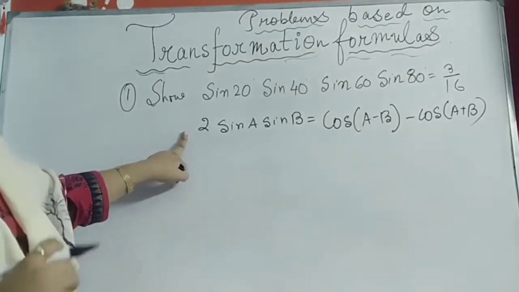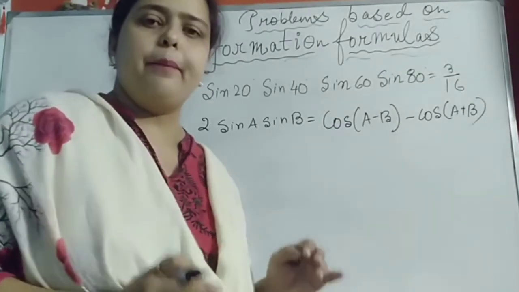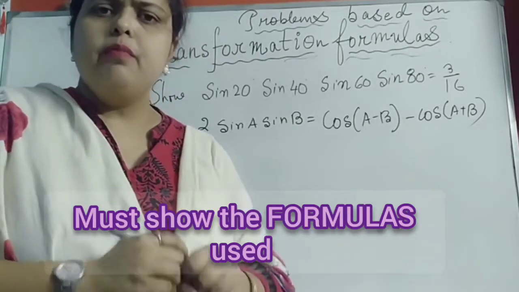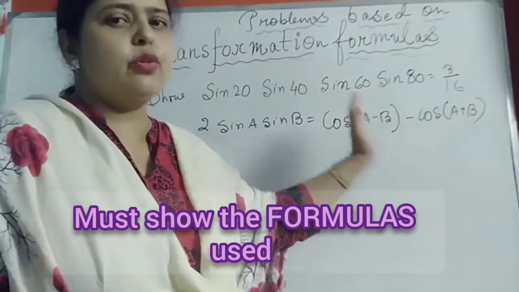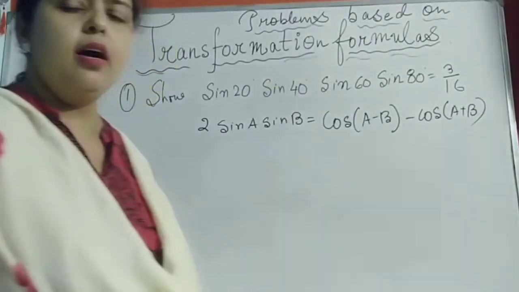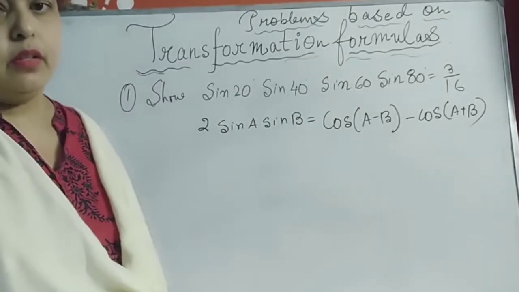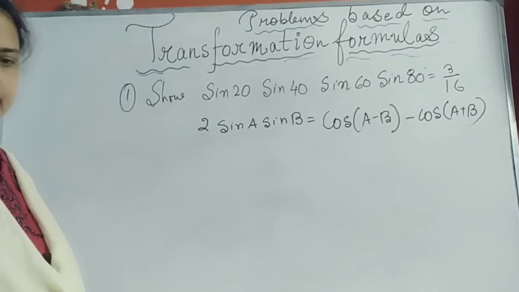Whenever you are applying some formula, you must write it down on the side and show to the teacher that you have applied this particular formula in this particular problem. Okay, students? So, remember this one very nicely.